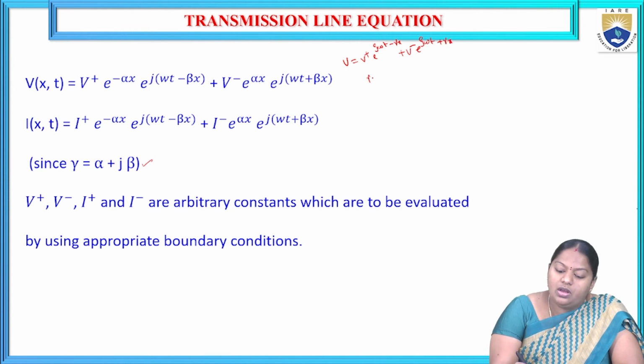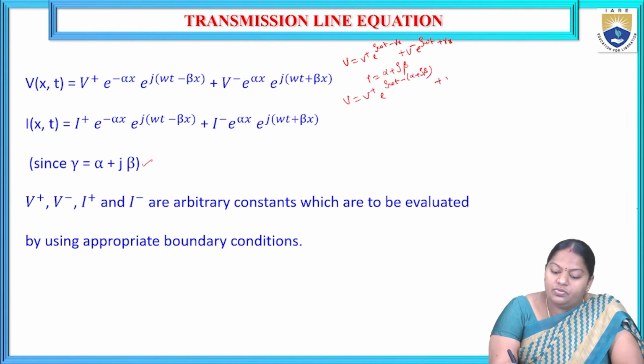If we substitute gamma by alpha plus j beta, then V equals V plus e power j omega t minus of alpha plus j beta x, plus V minus into e power j omega t plus alpha plus j beta into x.